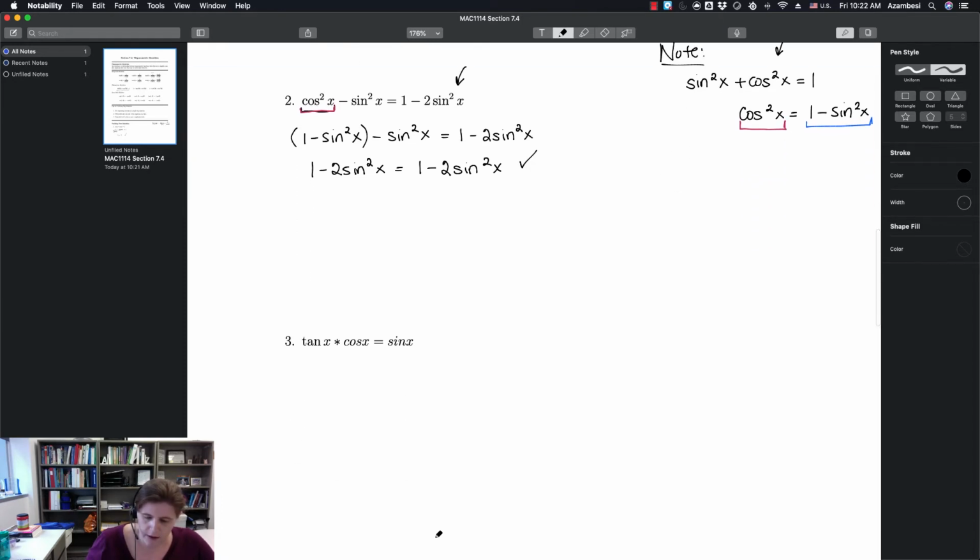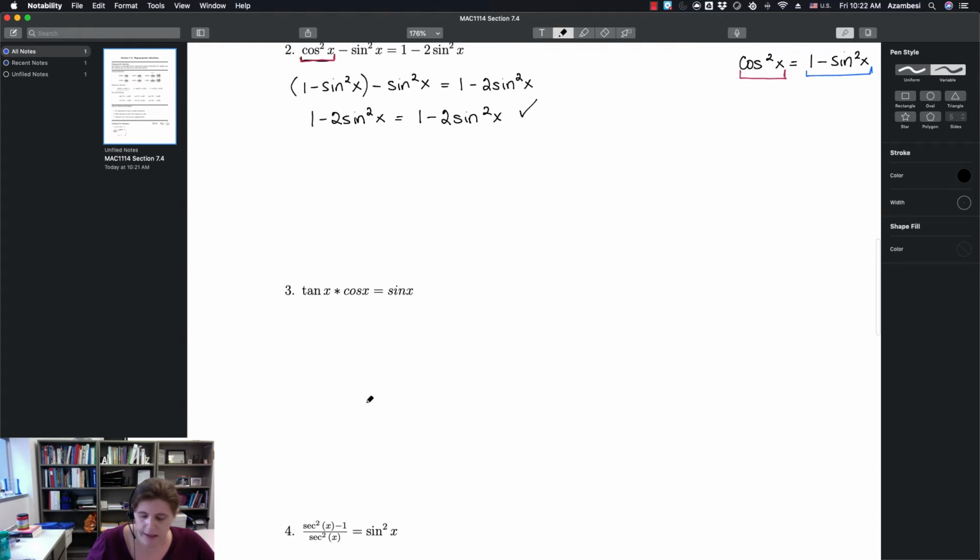All right, moving on. I have tangent of x times cosine of x is equal to sine of x. So remember that strategy is to write everything in terms of sine and cosine. My left-hand side is the more complex side, so that's the side I'm working with. I have cosine already, so tangent of x is equal to sine of x over cosine of x.